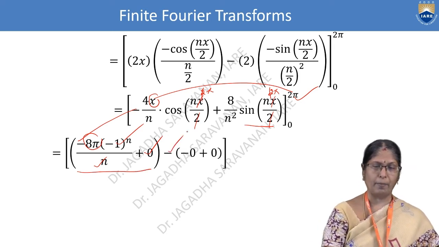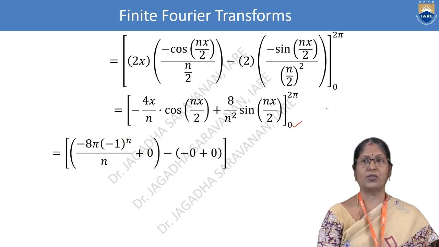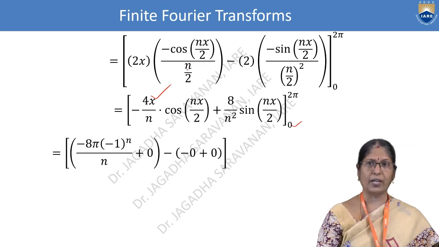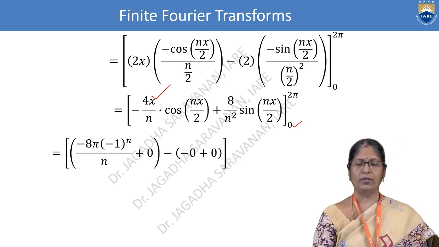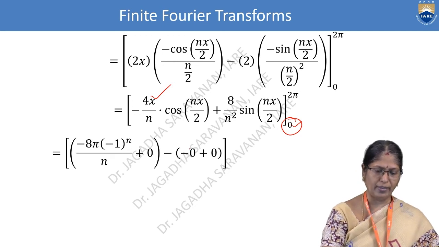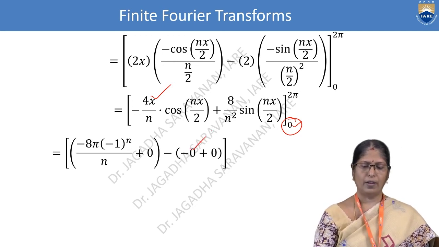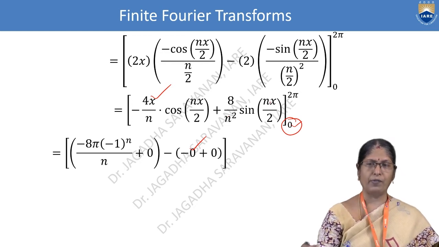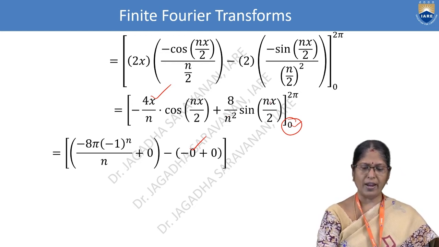This is formula minus. Now, we will touch the lower limit. In the place of x, we will substitute 0. That is our lower limit. 0 into anything is 0, plus 8 by n square. In the x place we will put 0. Sine of 0 is nothing but 0.